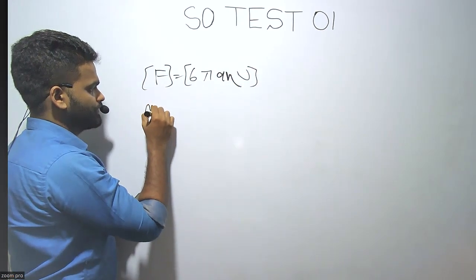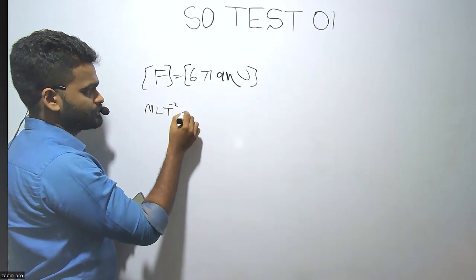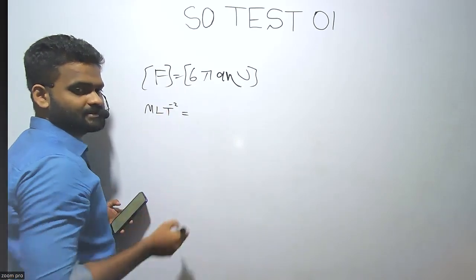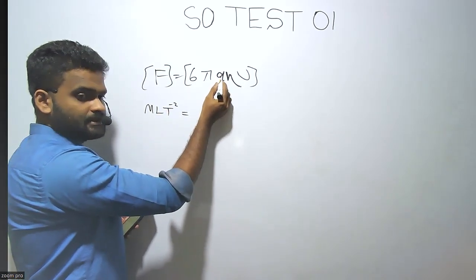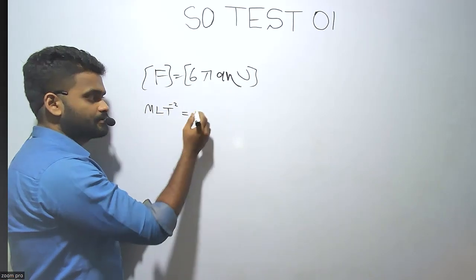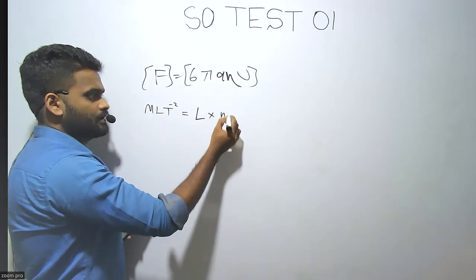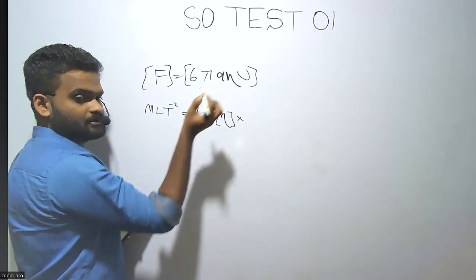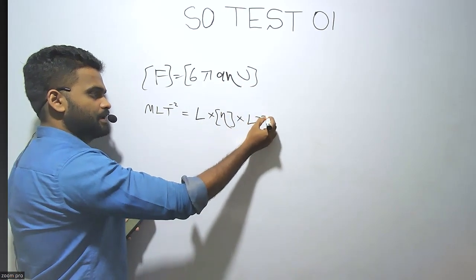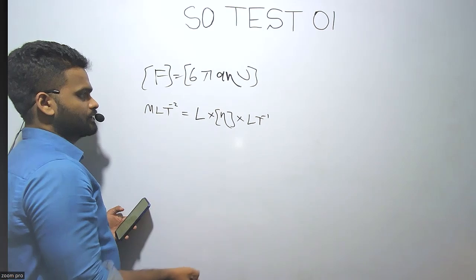So the dimensions of a force is M L T^-2. 6π, it is just a number, doesn't have dimensions. Simple a, it is a radius, so it is a length. Eta dimensions is what we need. Then dimensions of velocity, that is L T^-1.